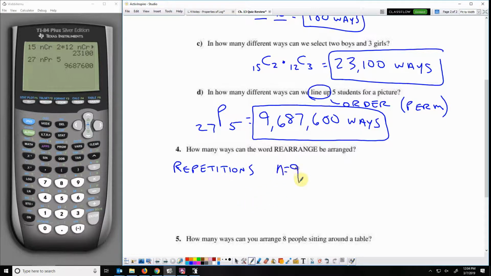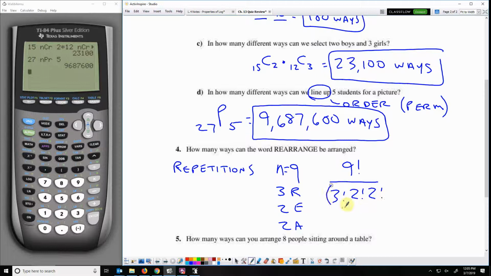So n is 9. 3 of those are the letter R. 2 of them are E, and 2 of them are A. So to find the number of ways we can arrange these letters, we do n factorial, 9 factorial over 3 factorial times 2 factorial times 2 factorial.